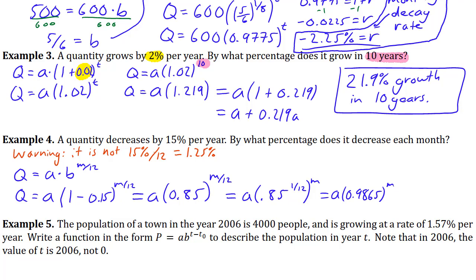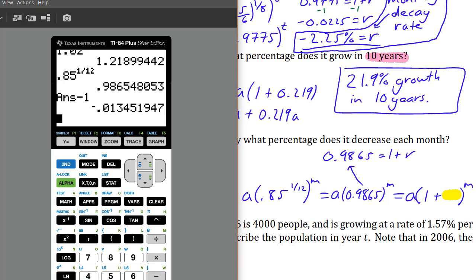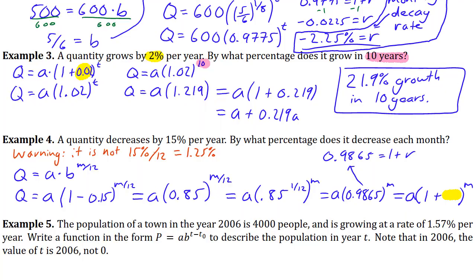You'll have 98.65% of what you had before. So we want to think of this as a times 1 plus r to the power m, but we've got to figure out that r. So that 0.9865 is 1 plus r, and if you subtract 1 from that, you'll get negative 0.01345.